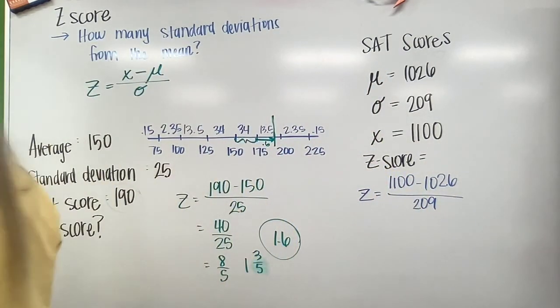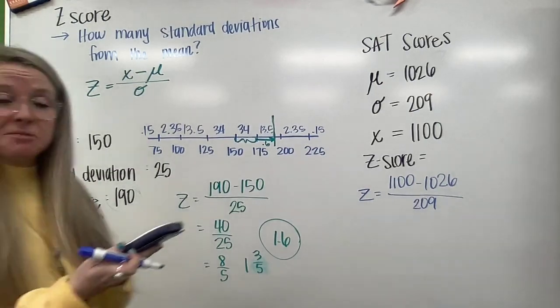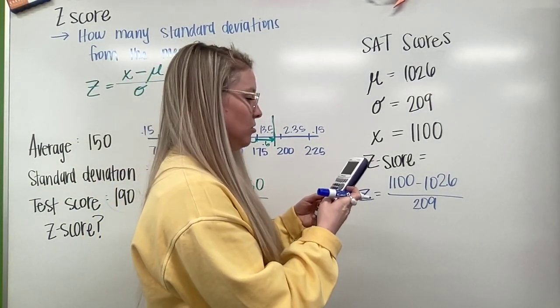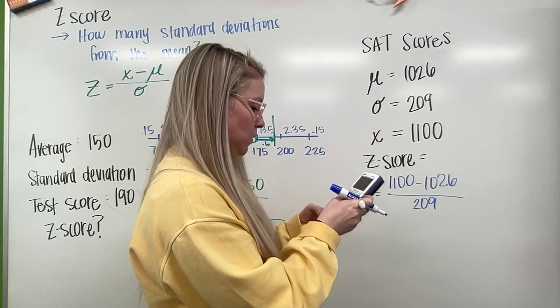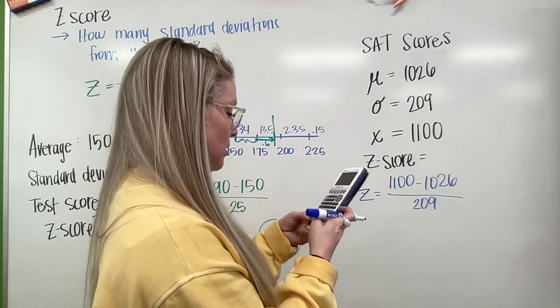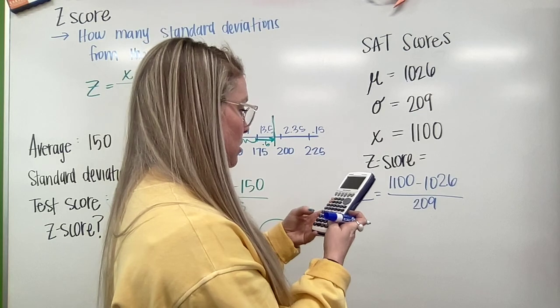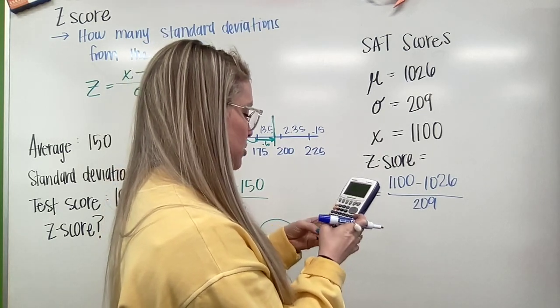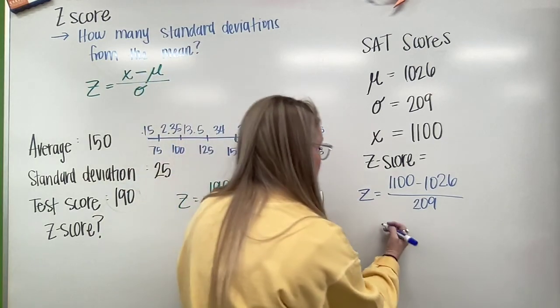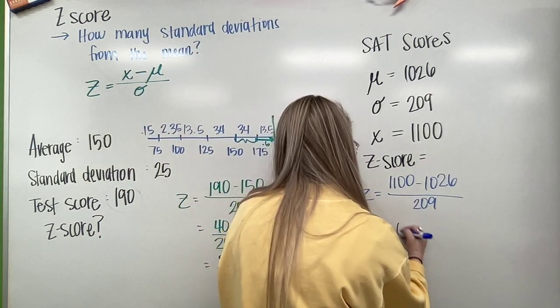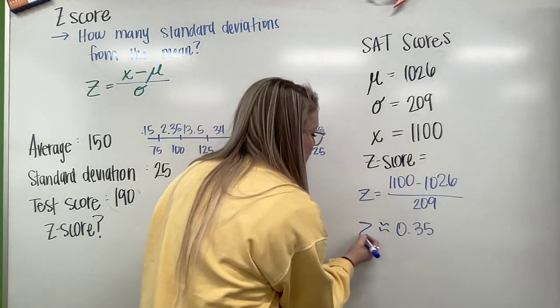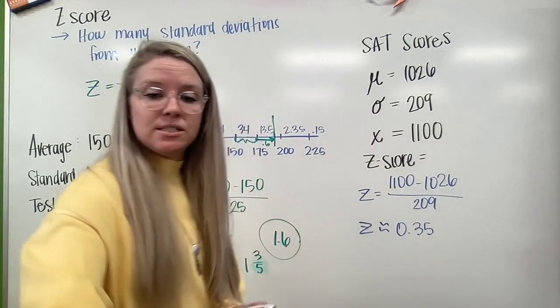And just to save my brain for a little second, I'm going to go ahead and just plug this into a calculator, because that's fine. Come on, calculator, I know you're low. There we go. All right, so 1100 minus 1026 divided by 209. So this one is about 0.35 standard deviations above the mean.